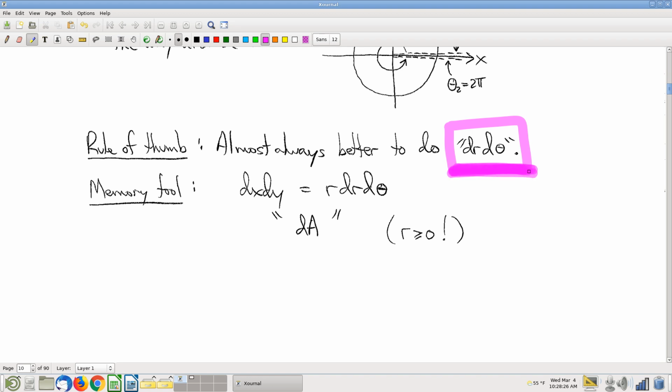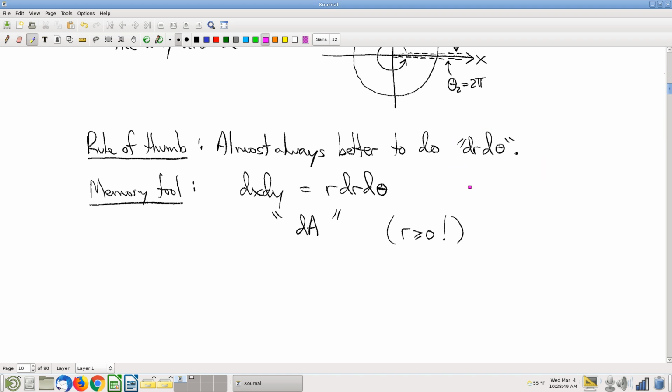And I think, in fact, it probably is fair to say that, barring someone coming up with a really wacky, deliberately obscure example, for Math 212, it is always better to do this order. So I'm going to say, for the purposes of this course, always do dr on the inside, d theta on the outside.